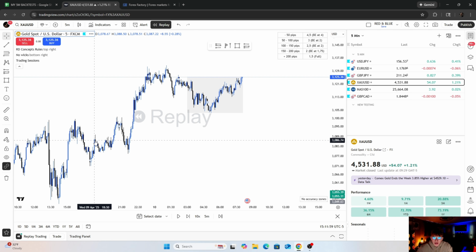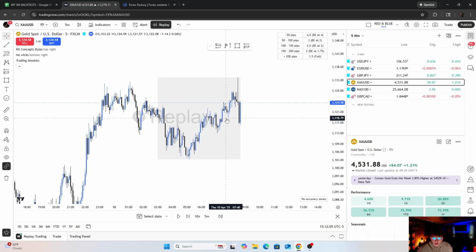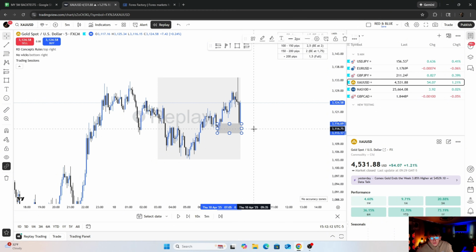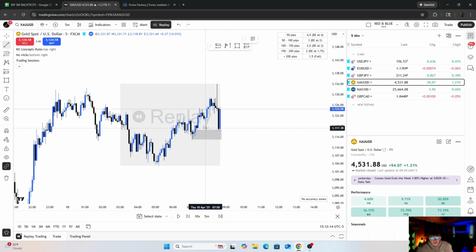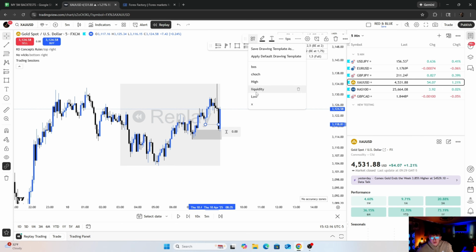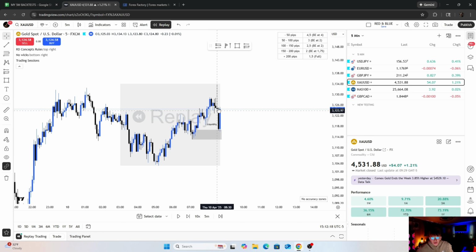Okay, so there is a demand zone here. There's multiple demand zones. We have this level of liquidity. We have a demand zone right here with this level of liquidity right here. Price took out its own high right here. Price actually took out this high as well.